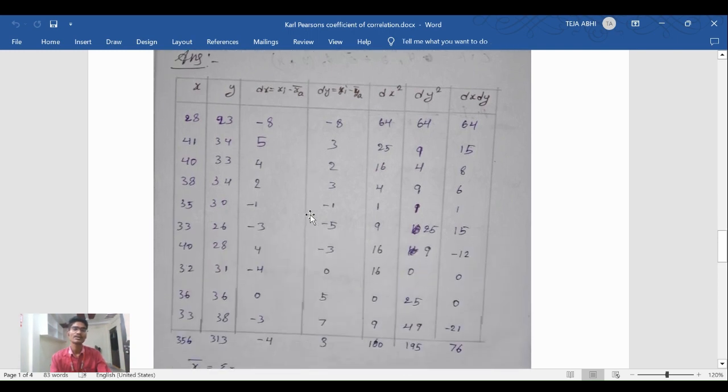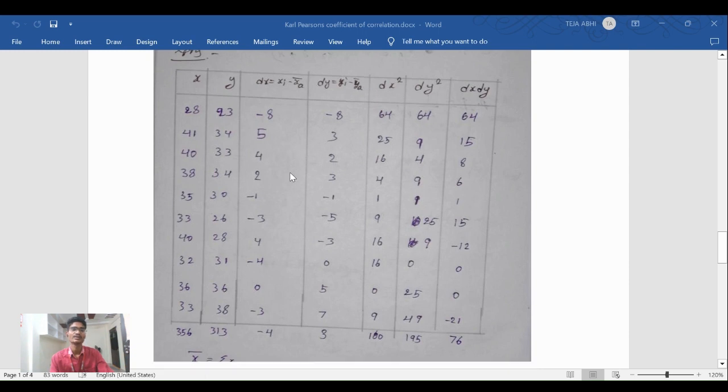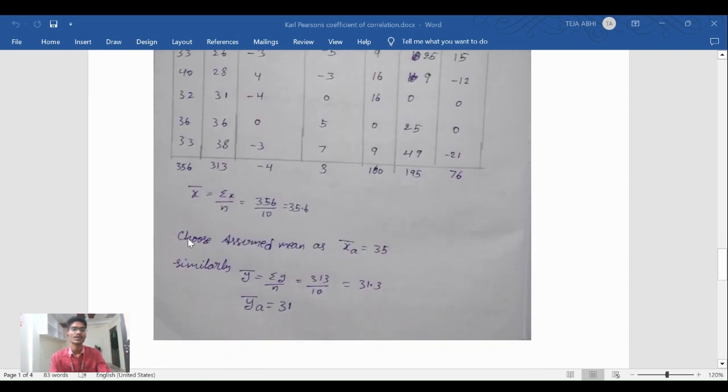To find the values of dx and dy, we need some values first. xi are these values and yi are these values, and we have to find xa bar, the assumed mean of x, and ya bar, the assumed mean of y.